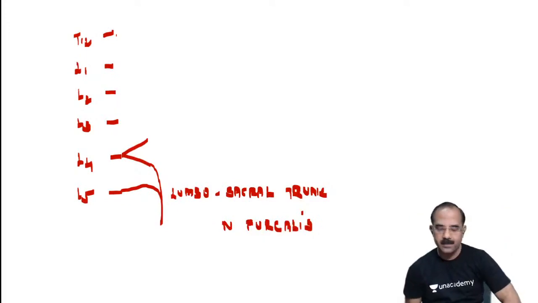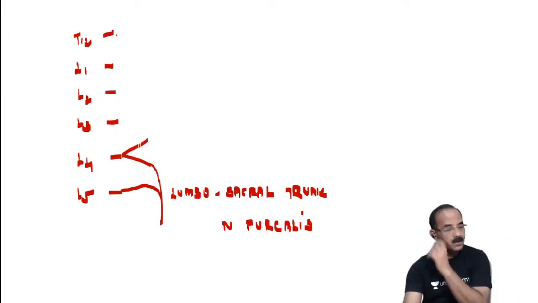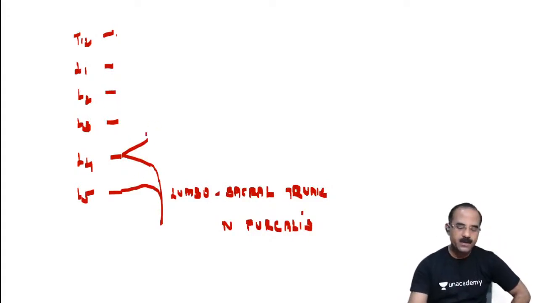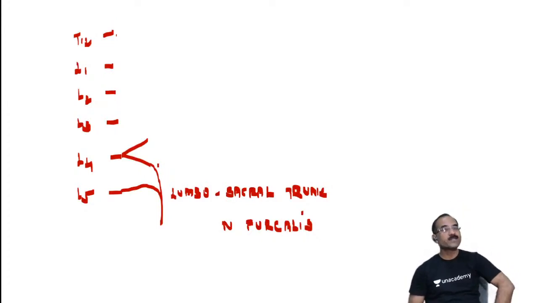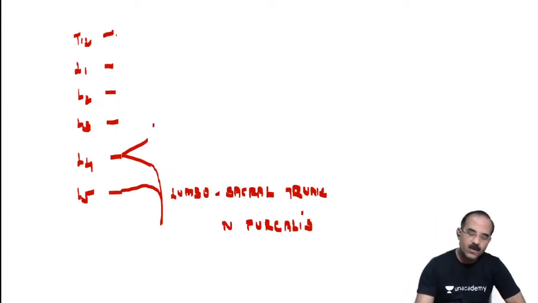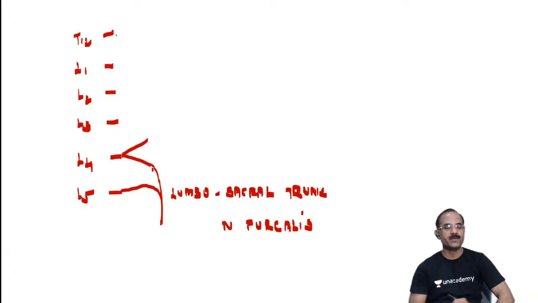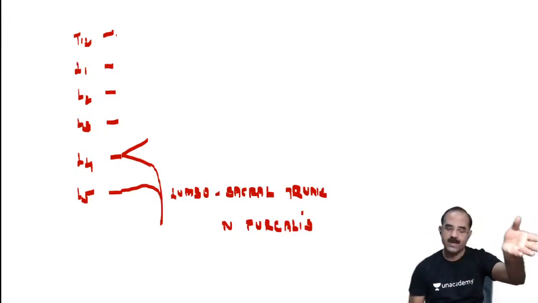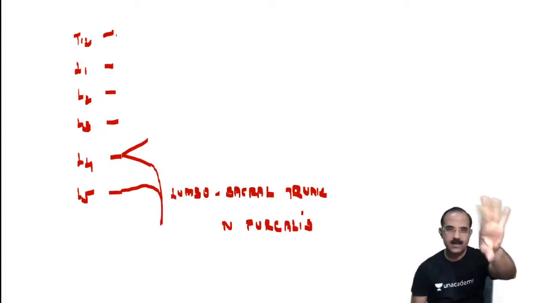That's how the sacral plexus is formed. That means the ventral ramus of L4 takes part in the formation of two plexuses: the lumbar plexus and the sacral plexus. The ventral ramus itself divides into two. It is therefore known as the nervus furcalis. Is this clear to all of you?